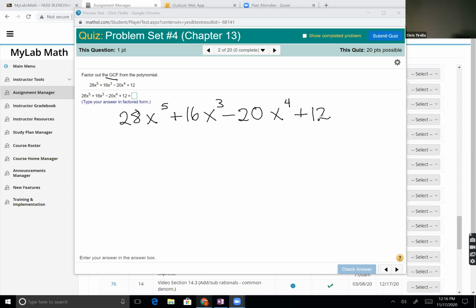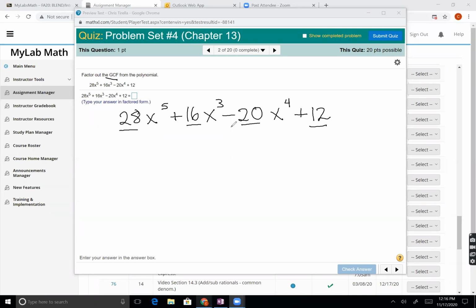They don't all have x's, so that's not going to be in common. Can anybody tell by looking a number that goes into 12, 28, 16, 20, and 12?